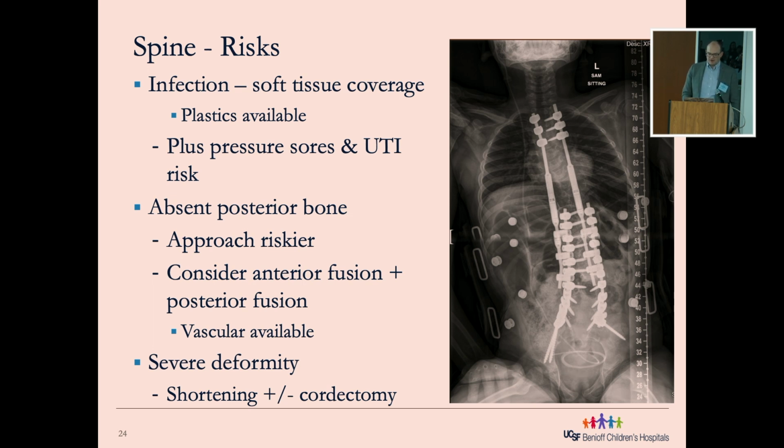So it is not without caution that you proceed to do a major operative intervention for a young child with scoliosis in the spina bifida population. Additionally, the approach, as stated, can be riskier. Sometimes we need to do an anterior fusion because the bone structure just isn't sufficient to get a fusion mass posteriorly. So sometimes you have to involve your vascular surgeons to help with the access to the anterior spine.